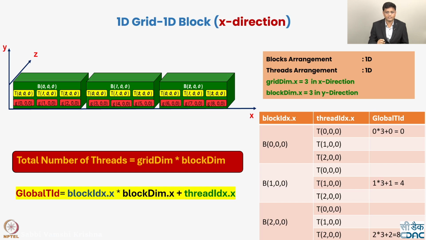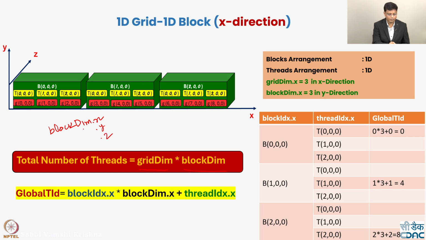But how can we calculate that? First of all, you have to find out the grid dimension, and then you have to find out the block dimension. How can you find out these values? I think you are aware of that. You know the parameter blockDim.x, I am just writing in short, .y and .z.